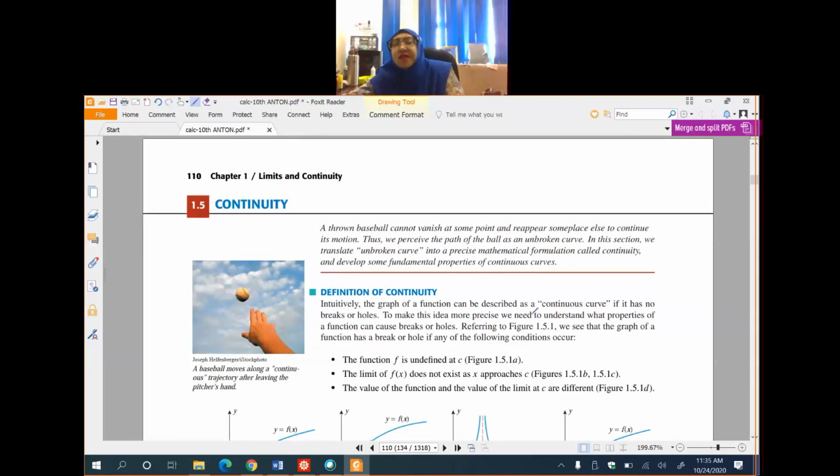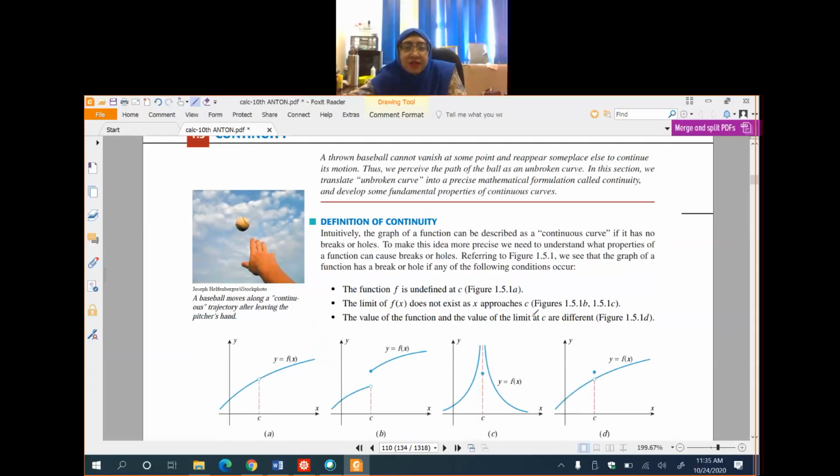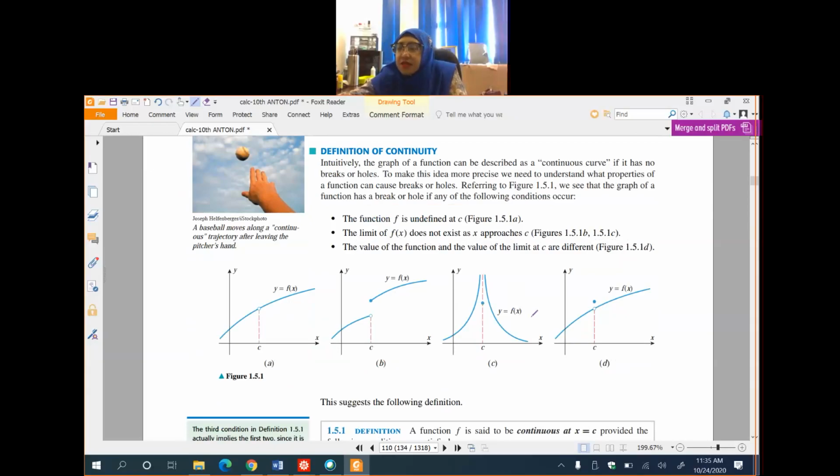On to the definition of continuity. I think we have discussed this before. I've always expressed continuity with how we can walk along the graph.